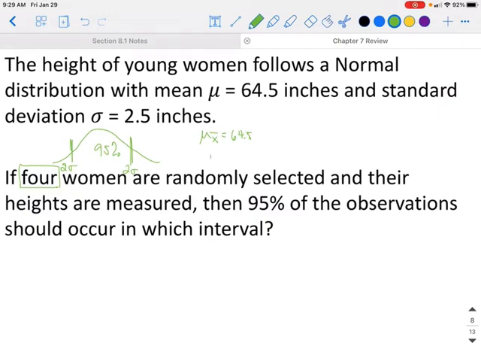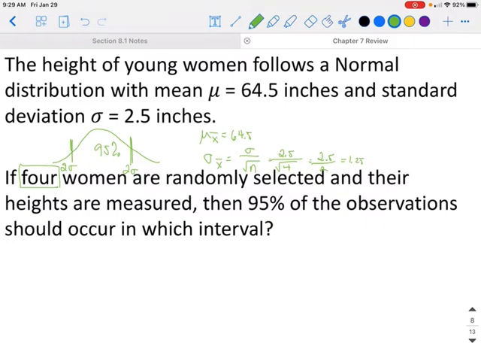Remember, to find the standard deviation of your sample, you're just going to do the standard deviation of the population divided by the square root of n. We know our sample size is 4, so 2.5 divided by 2 gives me 1.25 for the sample.